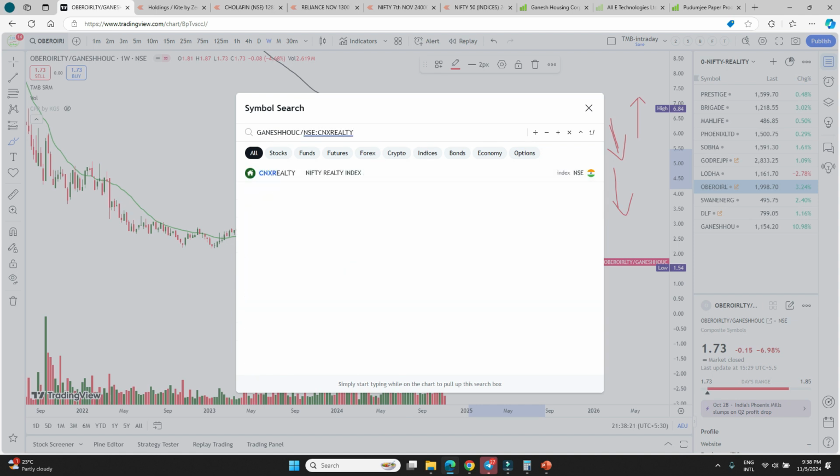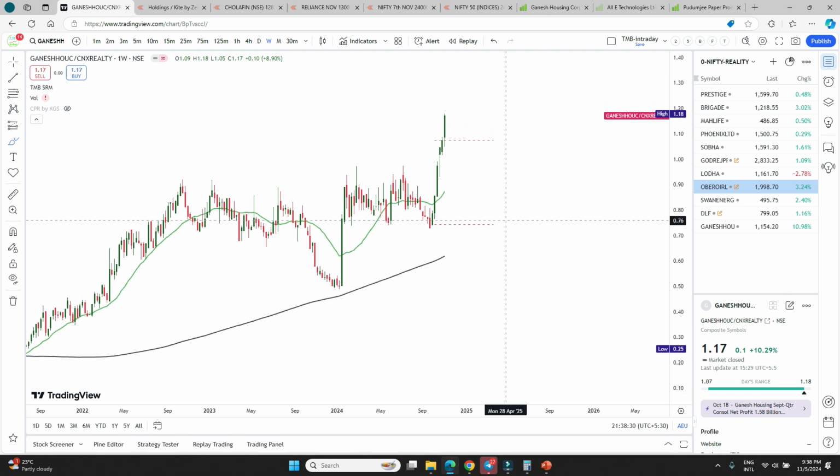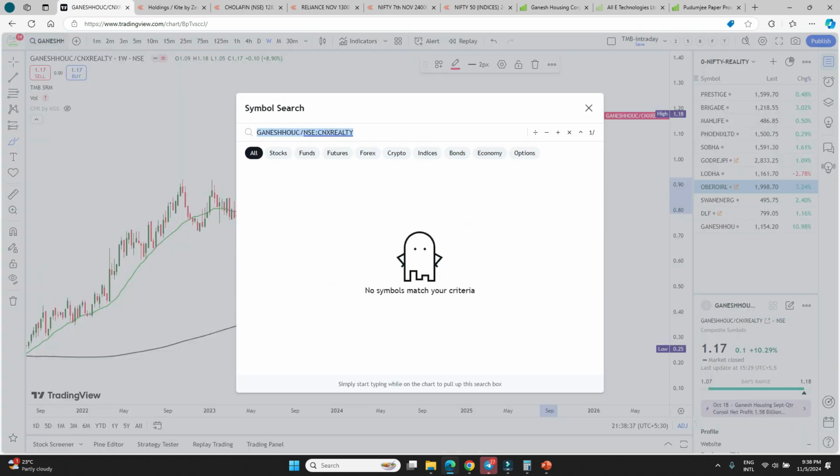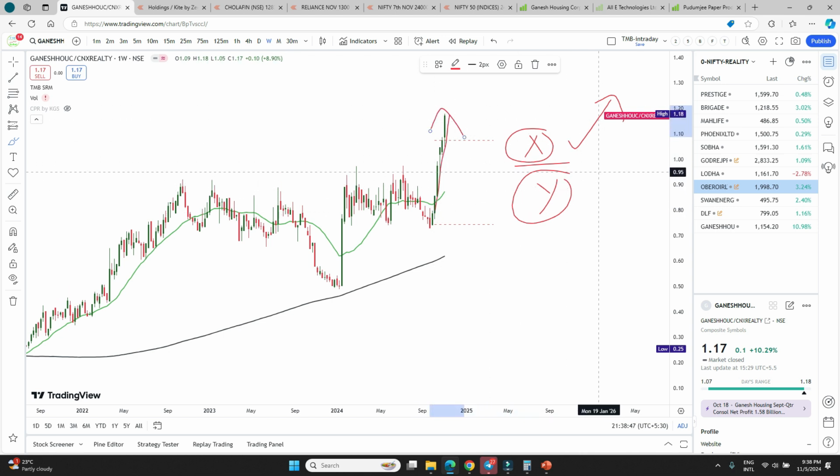From the sector index, all the stocks are trading undervalued, so obviously the stock will show the same x by y. Here x is Ganesh Housing. If the numerator is performing well and the denominator is not, it gives a higher positive value. The ratio chart also shows an extreme breakout.